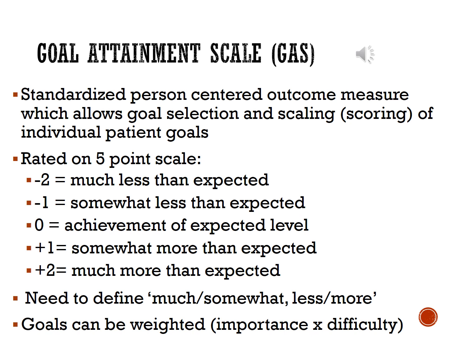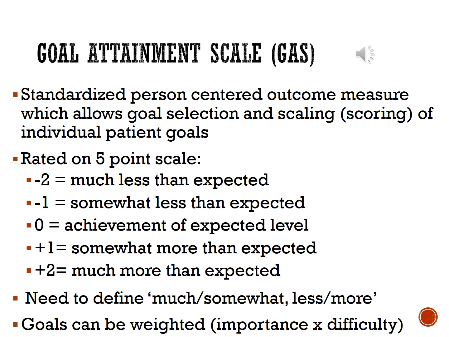The scale doesn't change, and you can get calculations that make this scale reproducible and usable with any patient with neuromuscular dysfunction. It takes into consideration the scoring in a standardized way for that particular patient. We'll talk about this over the next couple slides, and there is a picture of a sample goal attainment form in a couple slides from now.